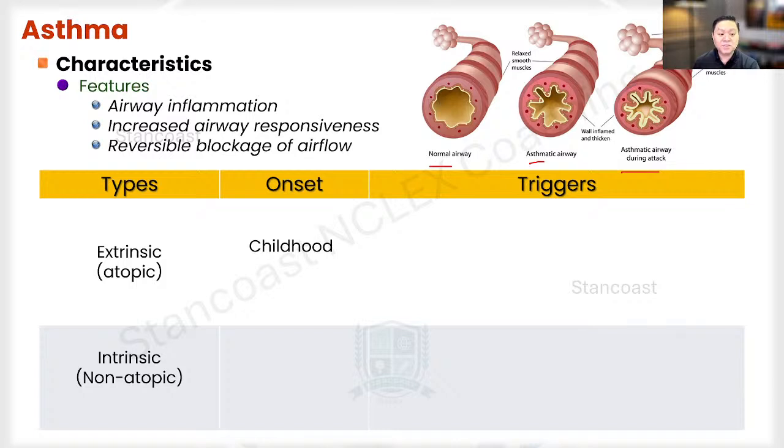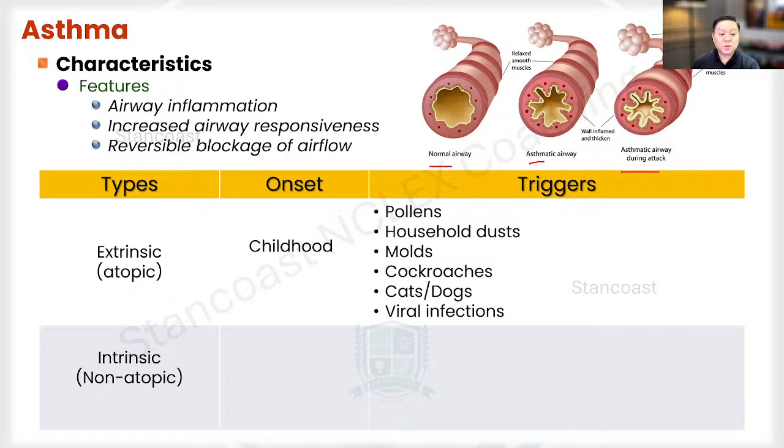Most of the triggers here are caused by exposure to pollens, household dusts, molds, cockroaches, cats, and dogs. Those are the most identifiable triggers that can really cause this person to have an asthma attack.